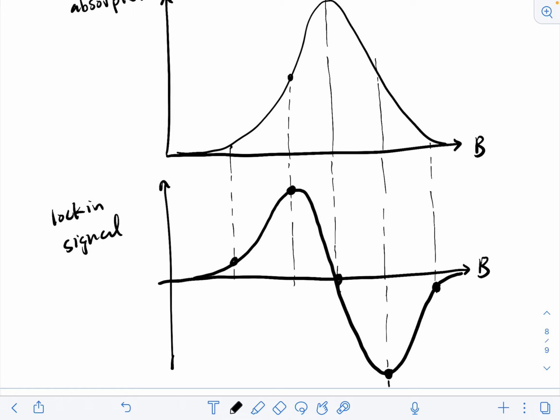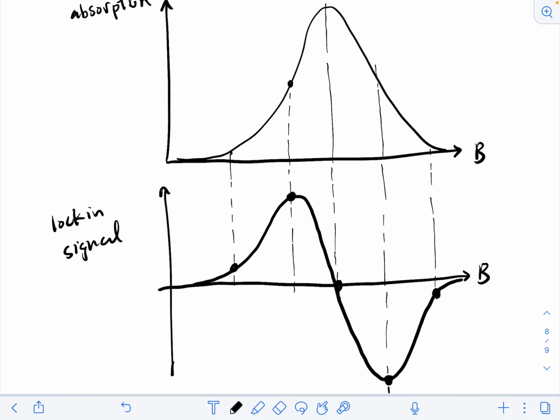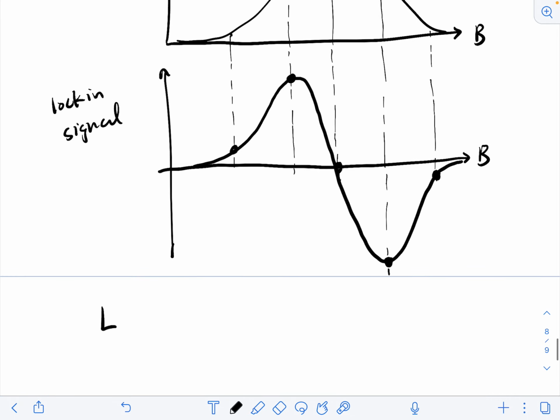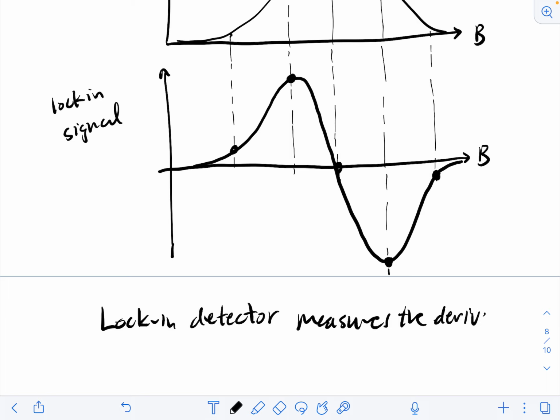And so the lock-in detector measures the derivative of the absorption peak with respect to magnetic field.